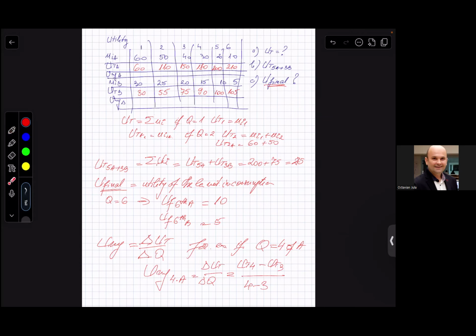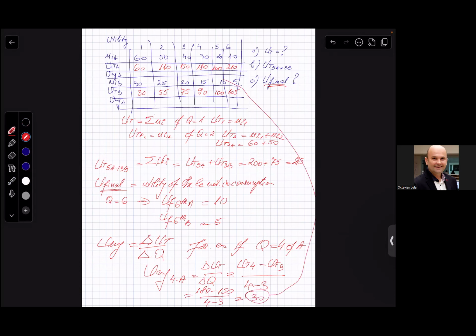Because we take into account units of A, we will need the total utility of A, for 3 and 4. We make the difference between the total utility of 3 and 4, and divide by the change in quantity. In this case, it will be 180 minus 150 divided by 4 minus 3, which is actually 30.